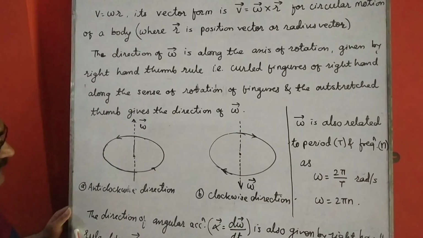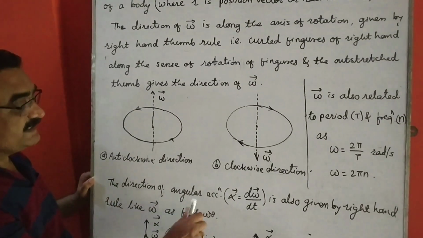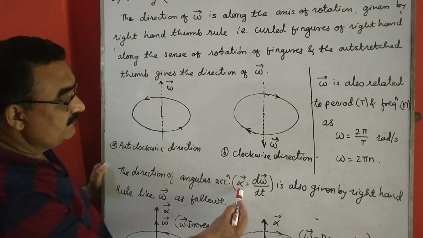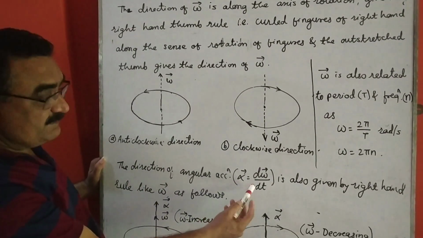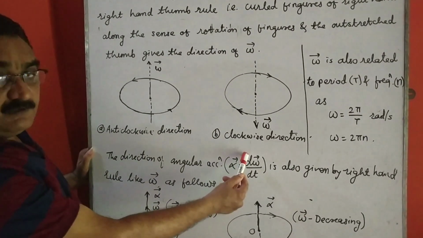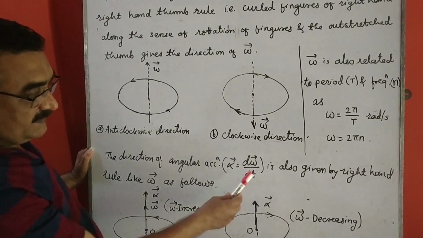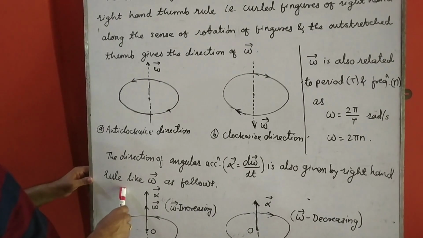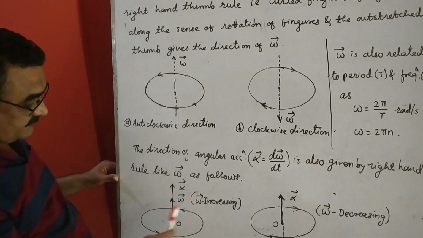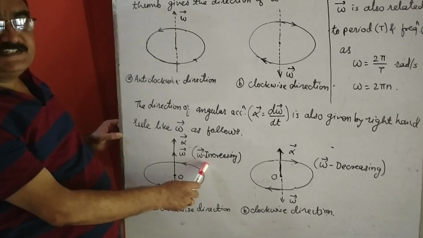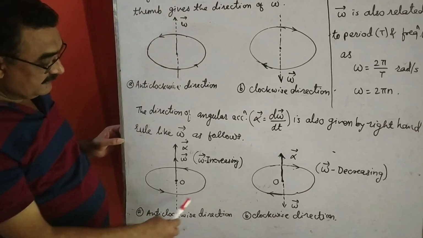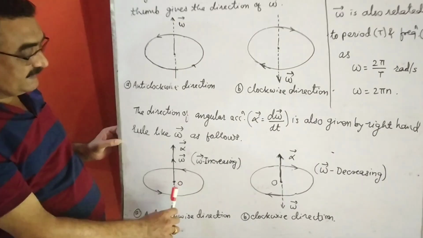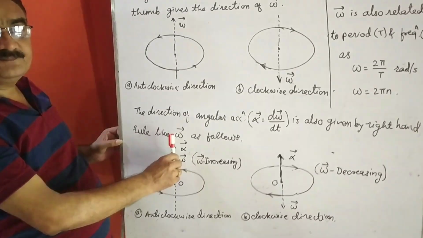Like ω, there is another physical quantity called angular acceleration, vector α. It is the derivative of ω with respect to time. Its direction is again given by the right hand rule, like vector ω. If there is an increasing value of ω in the anti-clockwise direction, the direction of α remains the same.